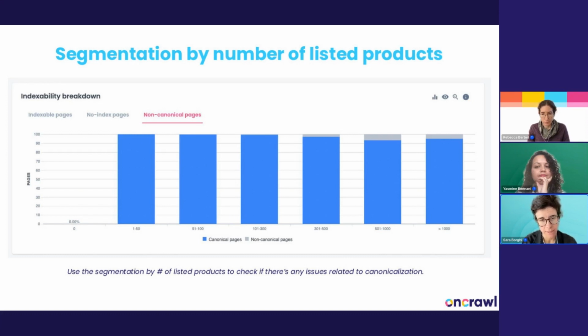So again, this is an insight that you might not get from the default segmentation, from the generic crawl, but obviously we have something to look into here, because if pages that have so many products have a canonical problem, it's something that's affecting pages that are clearly important, given the amount of products that they host. So it's a very precious insight that can, again, allow you to make some changes and make the pages canonical if needed.